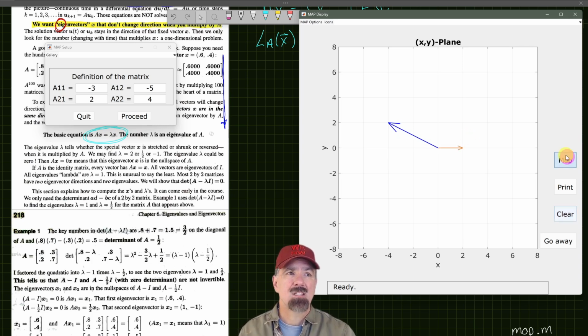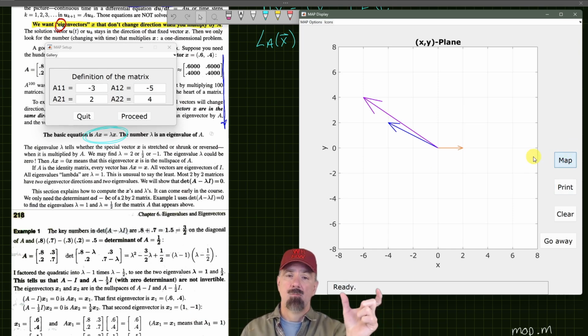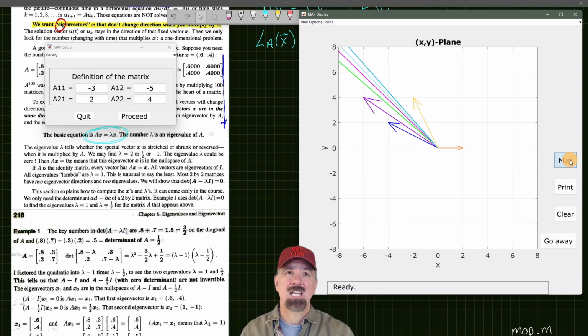So when we map this the first time, a lot of that vector is pointing in the -5, 2 direction, and it gets flipped around. Then we map this vector, which is again decomposed into a sum of the two eigenvectors, and part of it gets flipped around and part of it gets doubled. As we continue on, we can see the flipping and the doubling as we proceed.